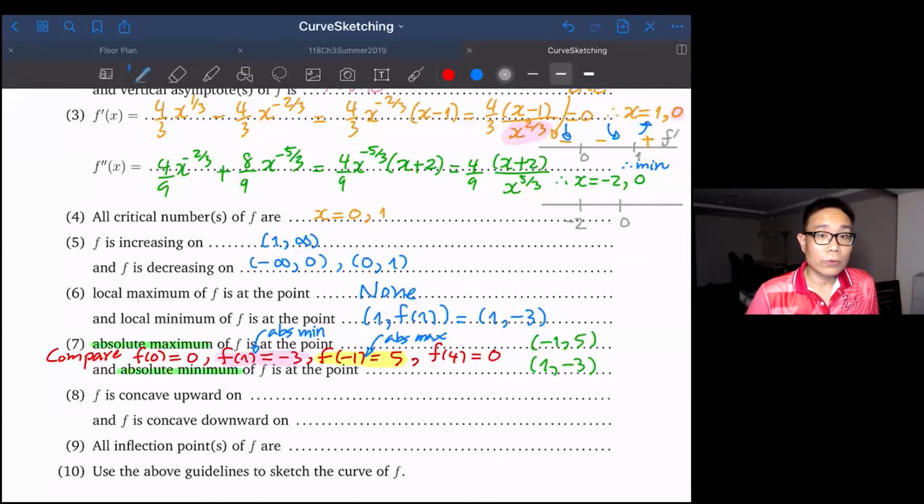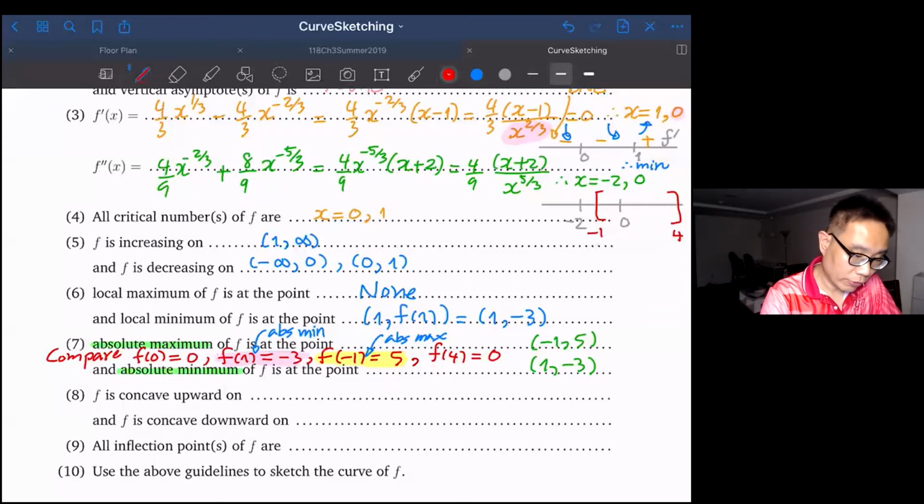However, you see that the interval we are working on is x from -1 to 4. So we're not going to go further than -1 and 4, and we're going to check the sign only in this interval.